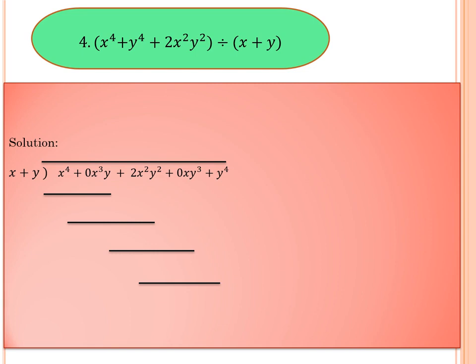Okay? So, napapansin naman siguro natin na si x to the power of 4, yung first term natin, at saka sa second term, yung x naman natin is of power 3. So, and for the next term, we have x squared. And for the next term also, we have x. So, it is in descending order.